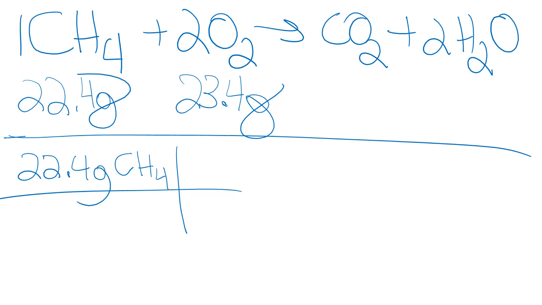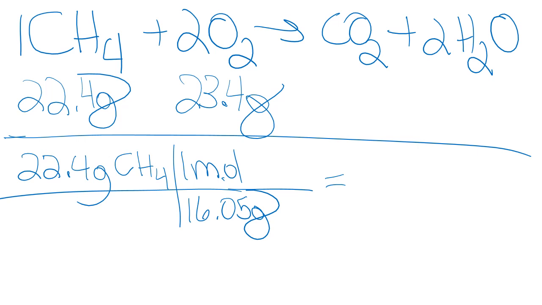Hydrogen is 1.01. If you have 4 hydrogen and 1 carbon, each hydrogen is 1.01, so that's 4.04. 4.04 plus 12.01 is 16.05. To go from grams to moles, you divide by molar mass. 1 mole is 16.05 grams.